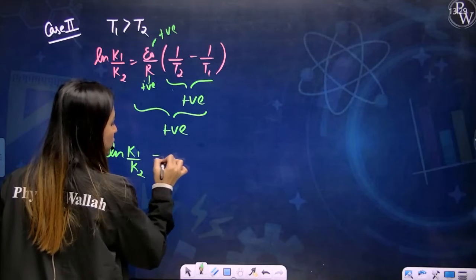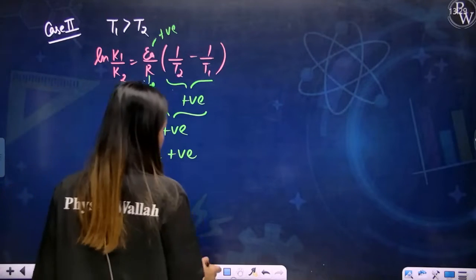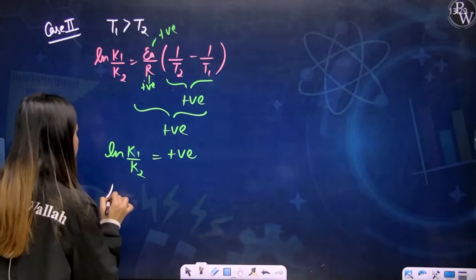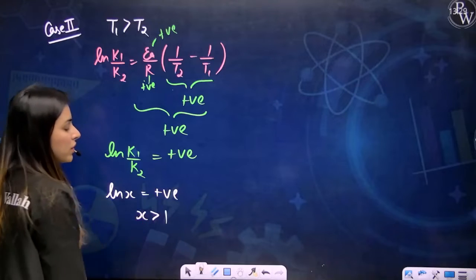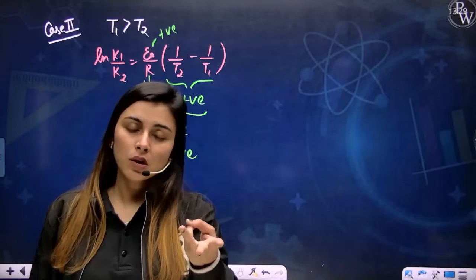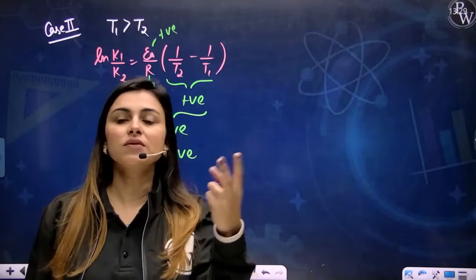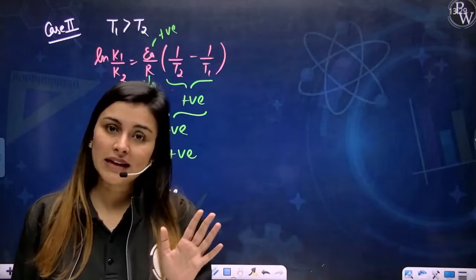a positive value. Now since it is a positive value, my dear students, natural log ln of x is positive, this means that your x is always more than 1. Log of 1 is 0, log 2 is positive, log 3, log 4, all the log values of numbers more than 1 are positive, right? Yes.